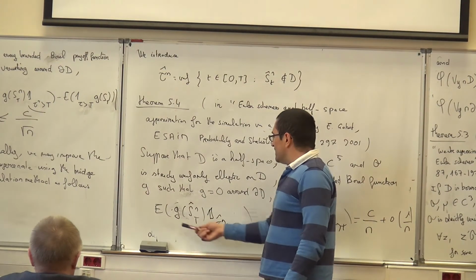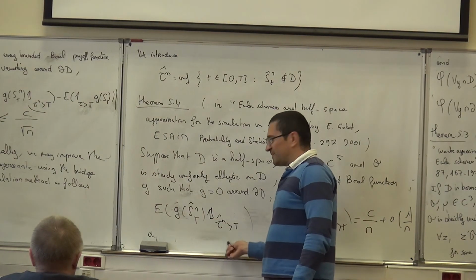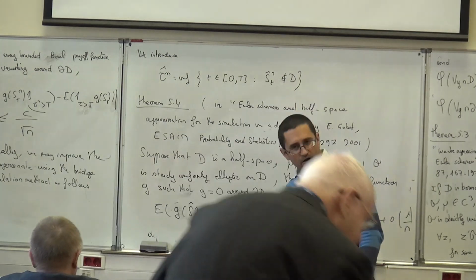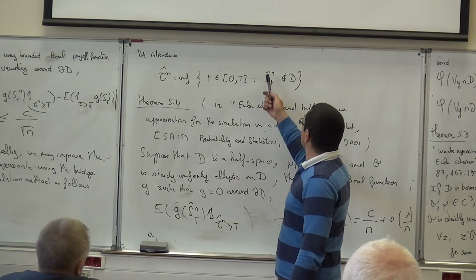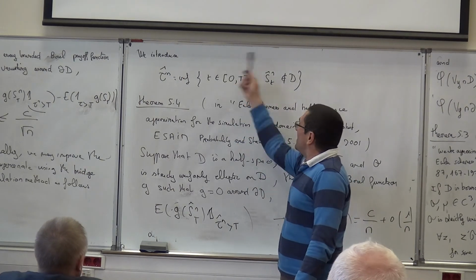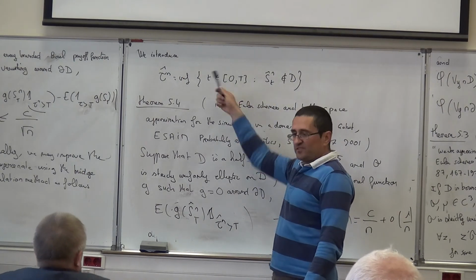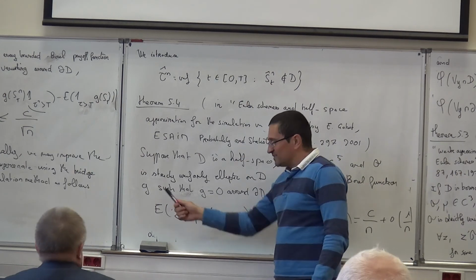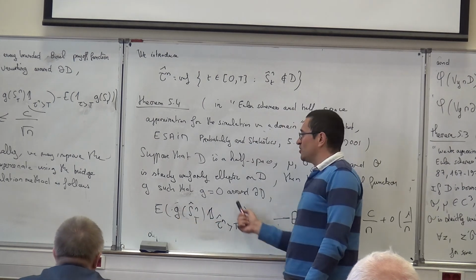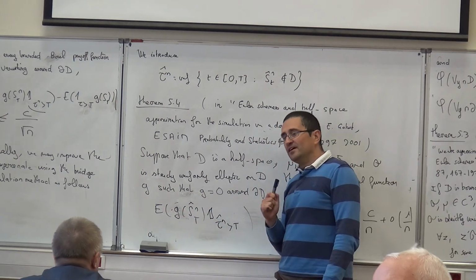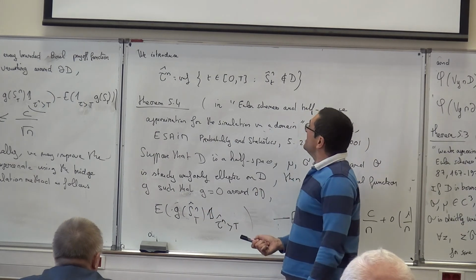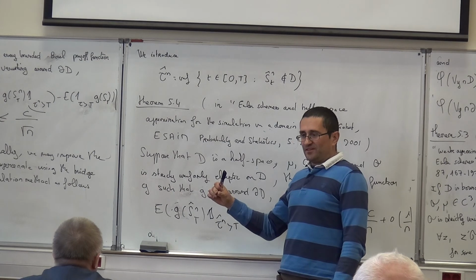The problem is about the computation of this indicator function, because we only observe values of S hat n at the discrete times. But actually, we're going to see this expectation as the expectation of the conditional expectation of this, knowing the values of S hat n at the discrete times t_i.